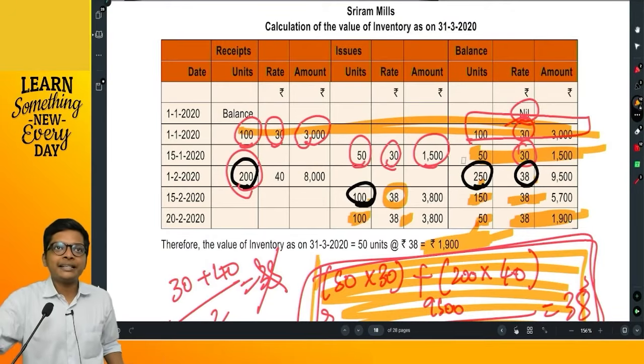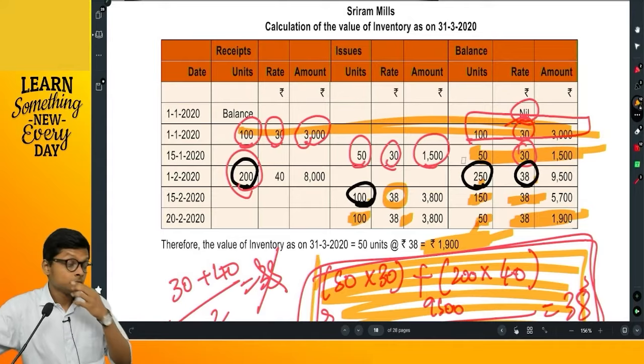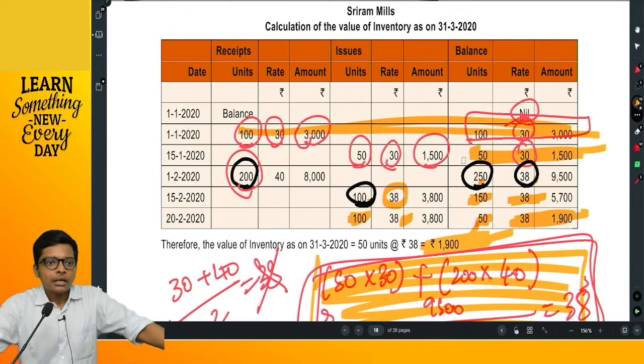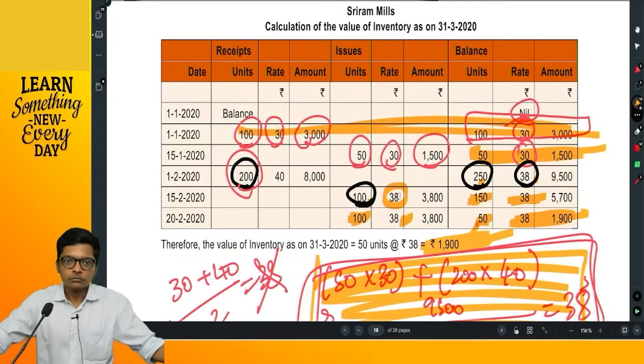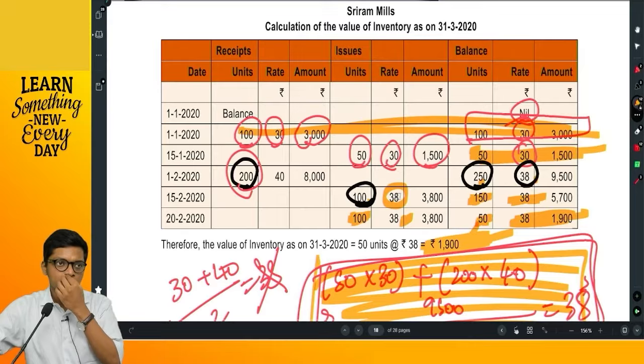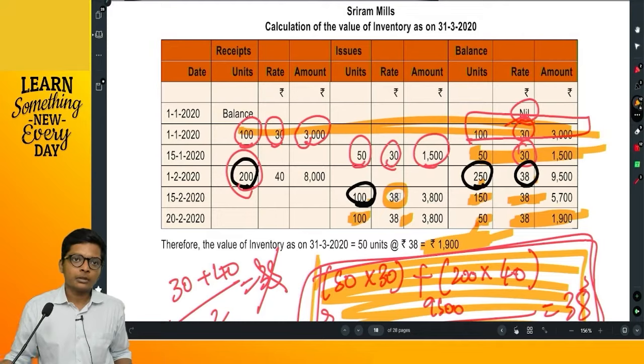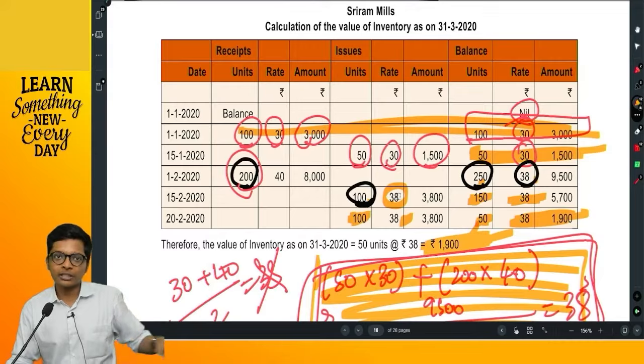Are you following, guys? Both methods, see both sums. Anybody has any doubt, please ask. Sure, clear. Done, Prarthana, following? Sure, 100%. Okay, but still nothing to do with the last class.